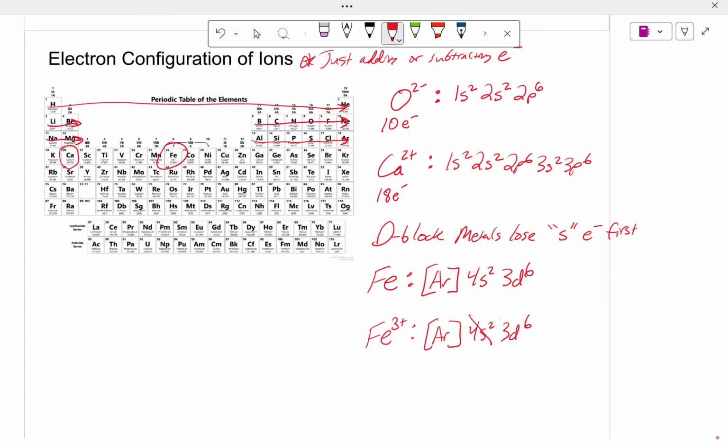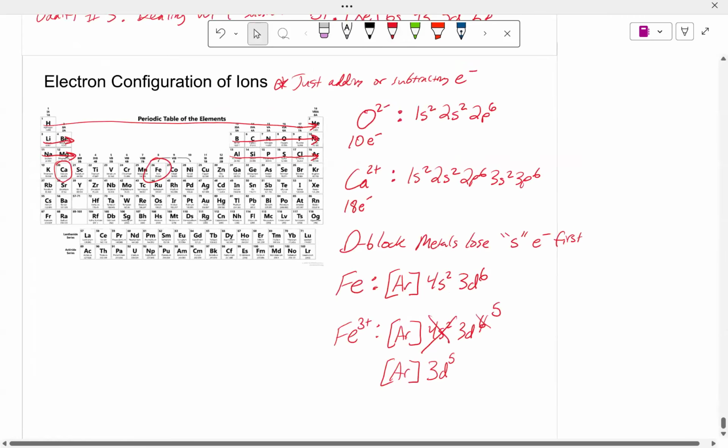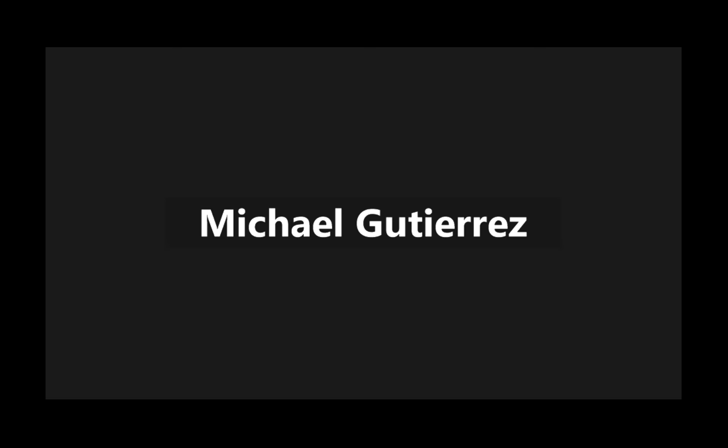So I'm going to take away both of those. And the only other place I can take one away from right now is the d. So the electron configuration for iron with a +3 charge is just 3d5. All right, that's where we'll conclude with electron configuration.